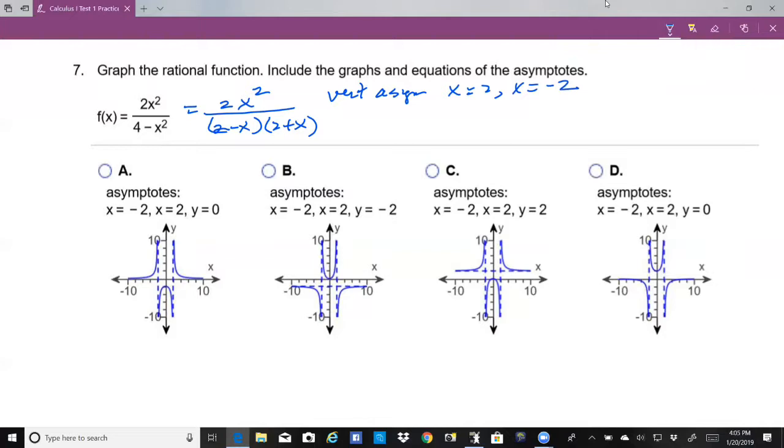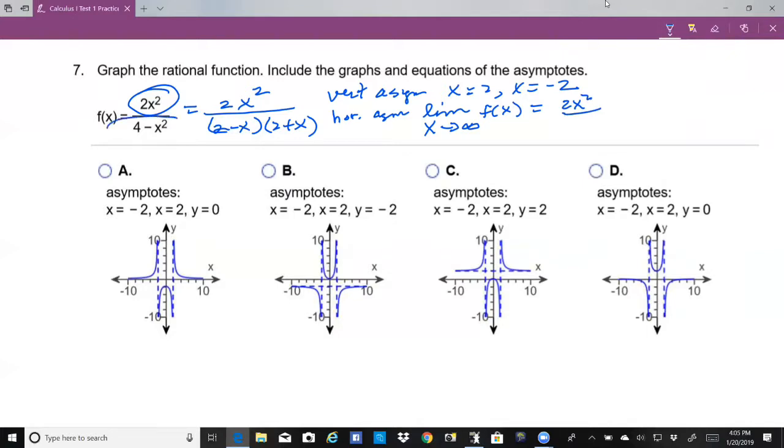The horizontal asymptotes are, we want the limit as x approaches infinity of f of x. In this case, the numerator is dominated by 2x squared, obviously, because that's the only term.